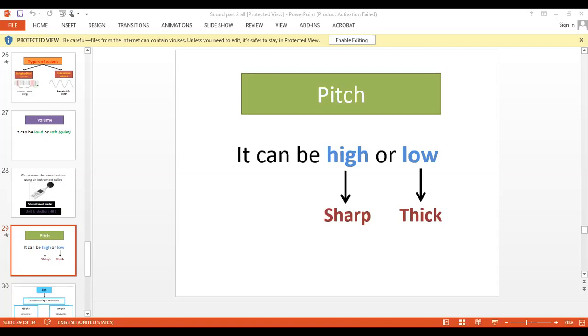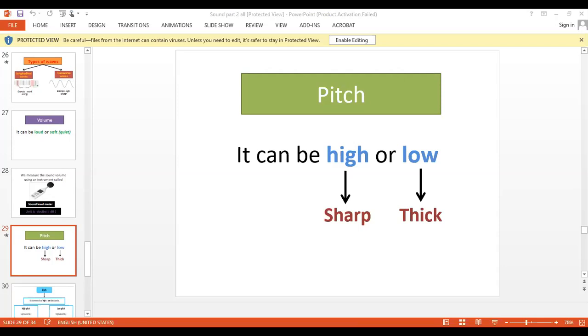But if the part that is vibrated is short, it is a high pitched sound. So the high pitch is formed by shorter objects and stretched objects, while the low pitch is produced by longer objects and loose objects.